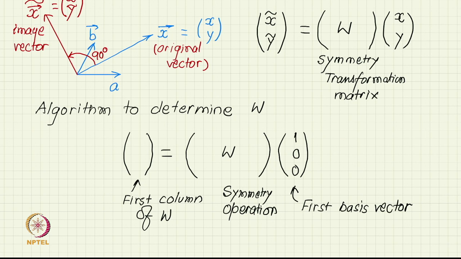So, all I have to ask is, where does A go after the 90-degree operation. So, this first column of W should represent nothing but the transformed A, or the transformed first basis vector.